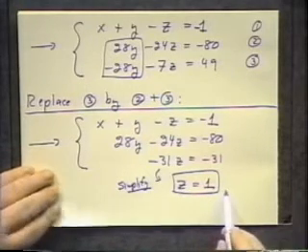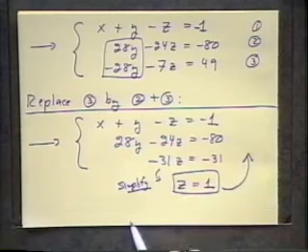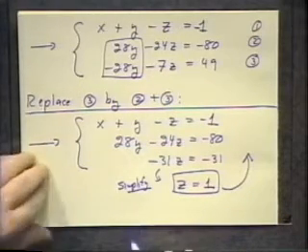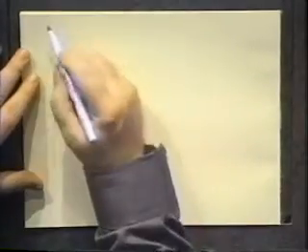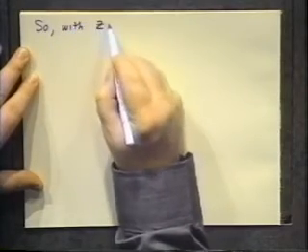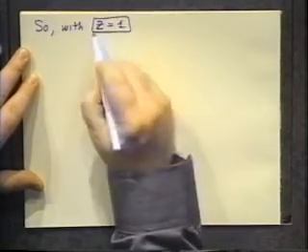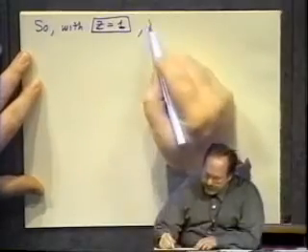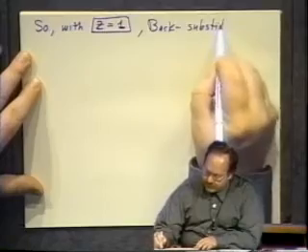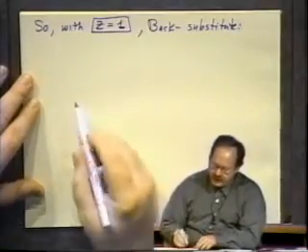And now what do I want to do? I want to go back up with back substitution. So, to finally finish this off, with z equal 1, back substitute to get x and y, and here's what will happen.